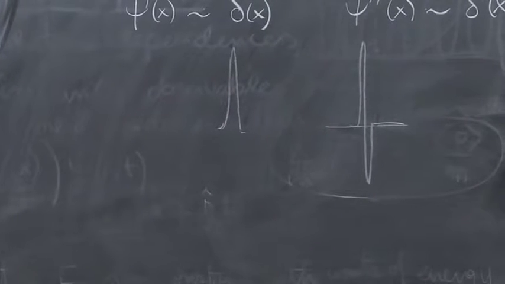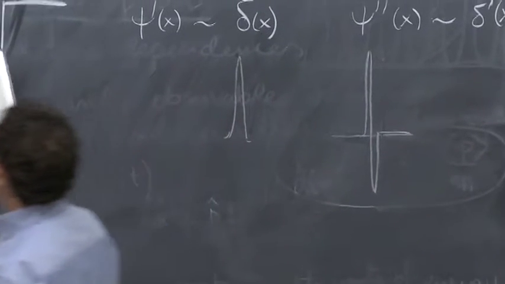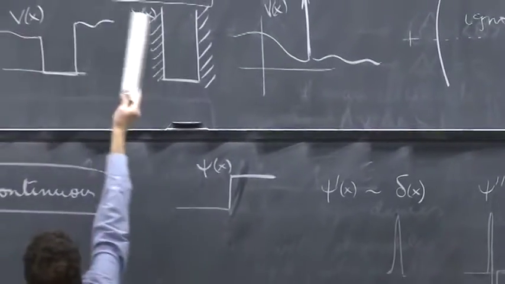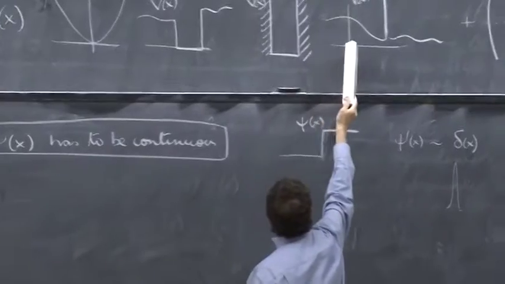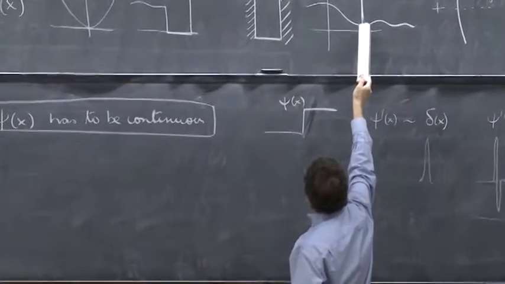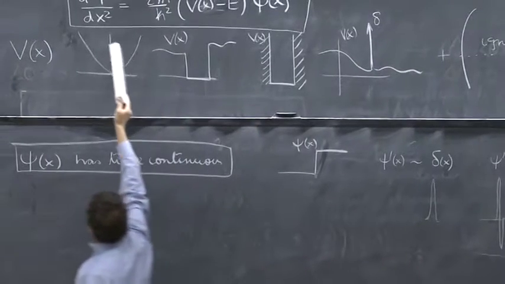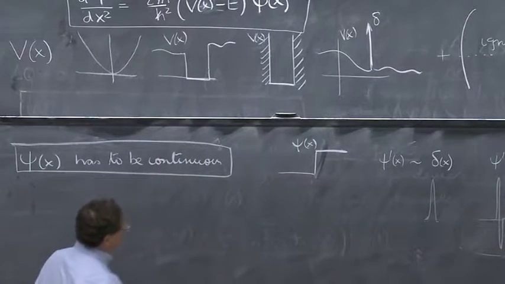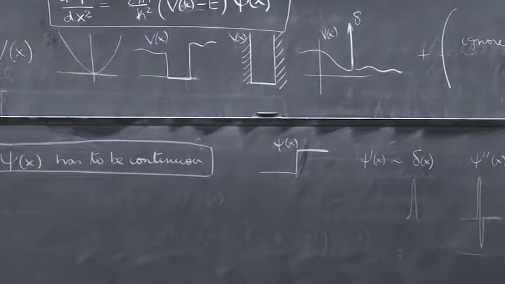And look, if you have this differential equation and psi is not continuous, the right-hand side is not continuous, or it may have a delta function times something not continuous, but the left-hand side would have a derivative of a delta function that there's nowhere on the right-hand side.